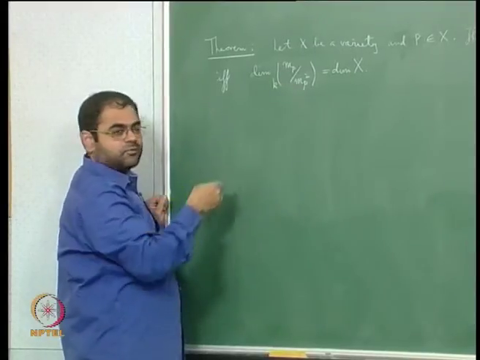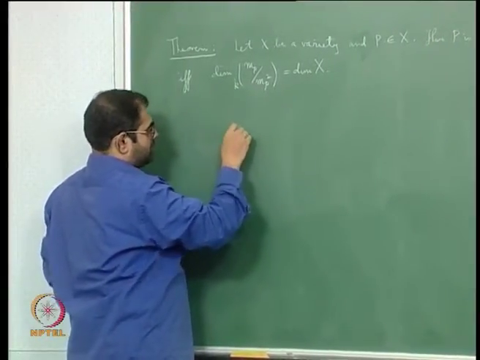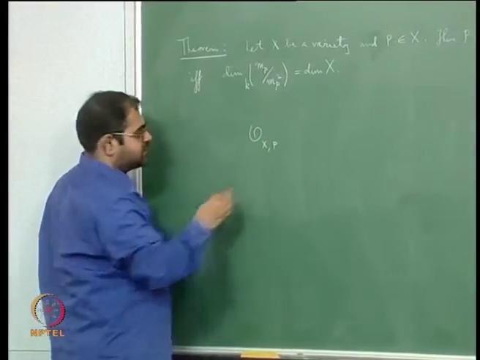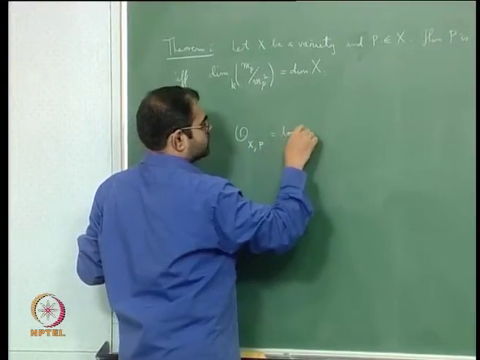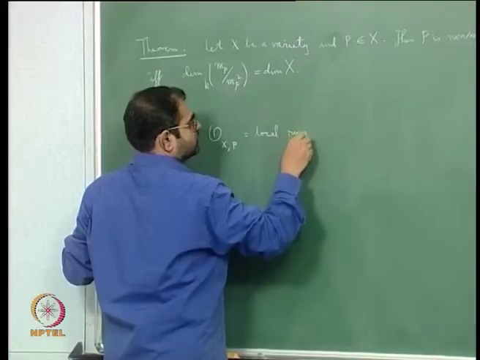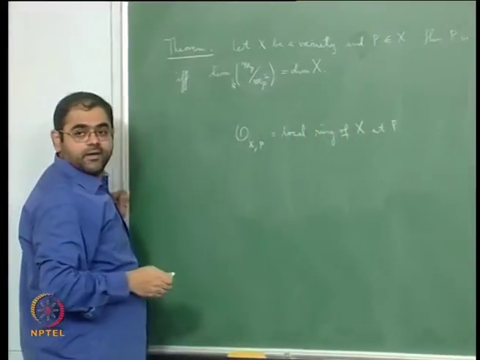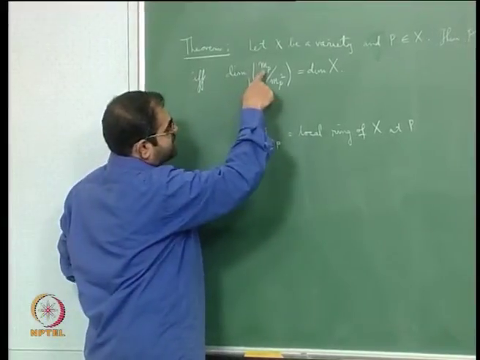What I want to tell you about this is, you see, you have the local ring OXP, the local ring of X at the point P. Okay, and it is a local ring, so it has a unique maximal ideal, and that maximal ideal is given by this MP.